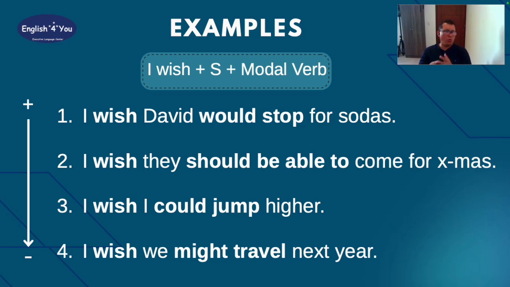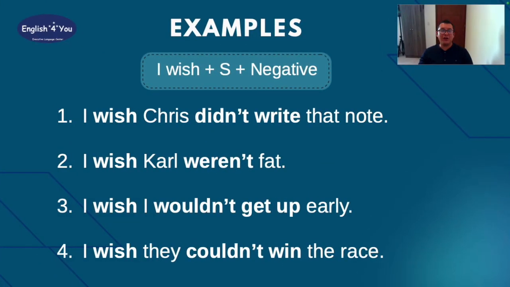But what happens in negative sentences or negative clauses? Well, here we go. For negative clauses, guys, the sentence is pretty much the same. I wish, the subject, but now the negative form. Here we go, and repeat after me.